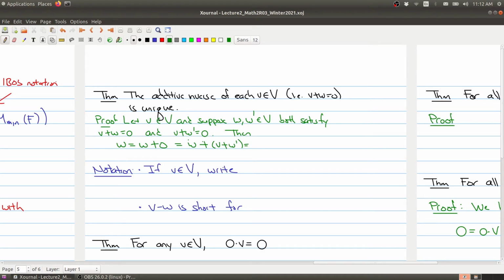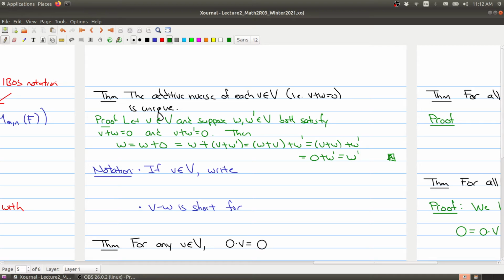That's a substitution. Then we can use our associative property to regroup, so we have w plus v, plus w prime. And we can use the commutative property to have v plus w, plus w prime. But v plus w is 0, so we have 0 plus w prime, and that is just equal to w prime. So w is equal to w prime. So the additive inverse is unique.